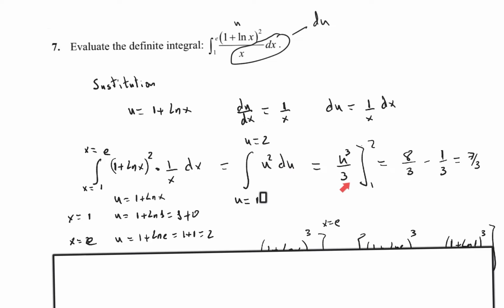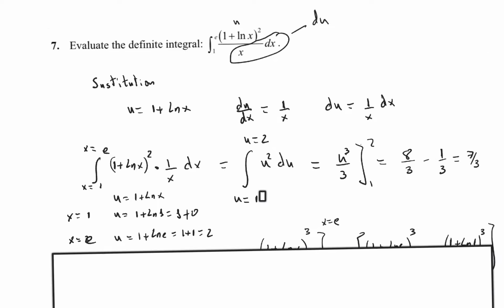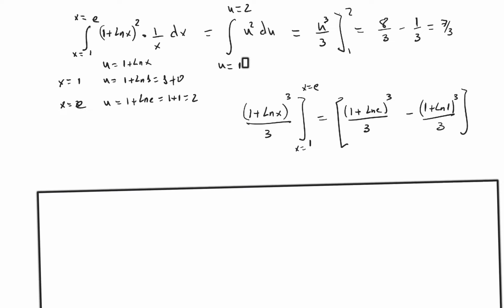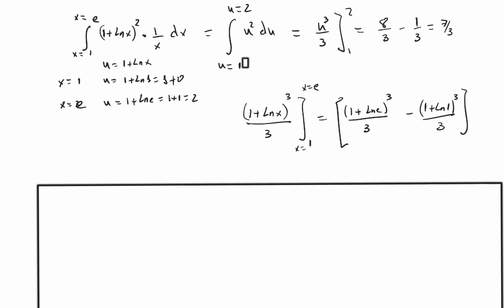So this is u cubed divided by 3, between 2 and 1, and this will be 2 cubed divided by 3 minus 1/3, which will be 7/3. Or if you prefer to first do 1 plus log of x cubed, with u being 1 plus log of x, and you substitute from x equal 1 to x equal e, the result should be the same thing.